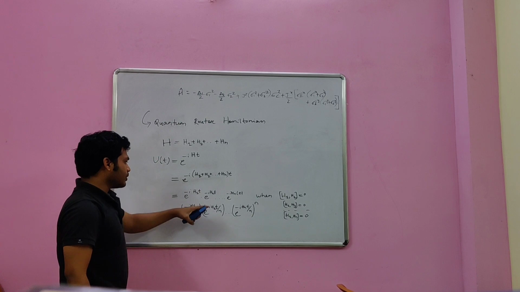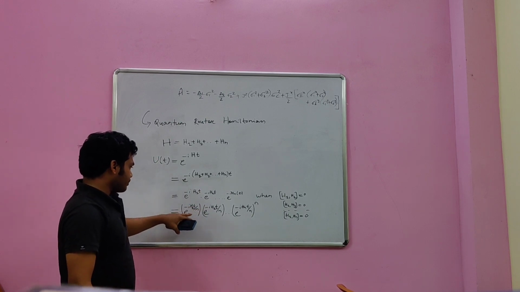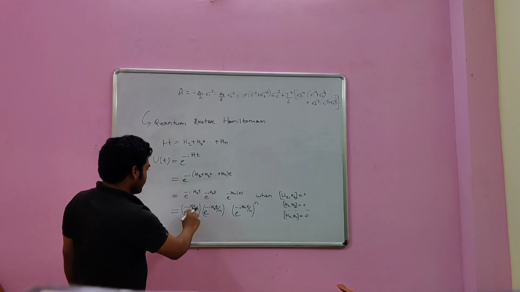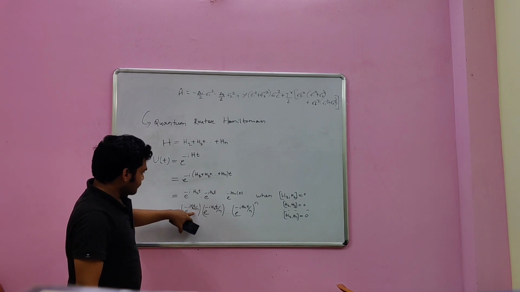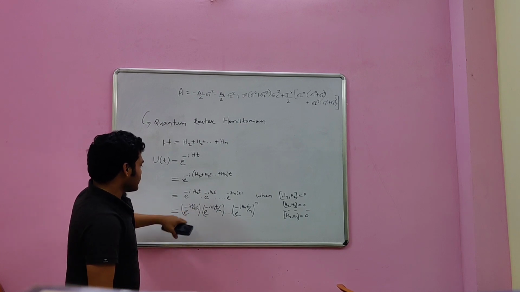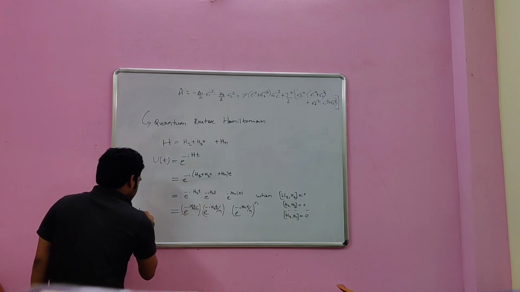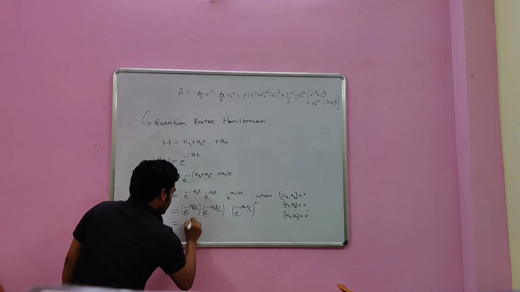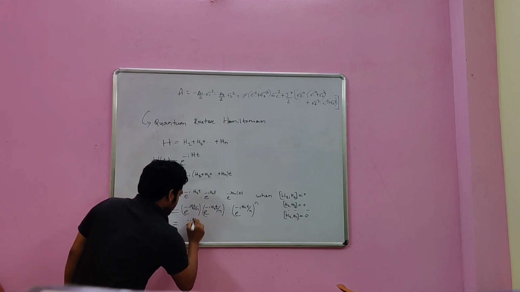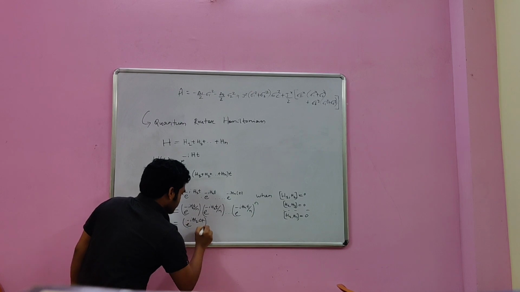Now you can see we have taken a small time interval t by n, so we can write t by n as delta t. So this is actually exponential minus i H1 delta t, and so on.